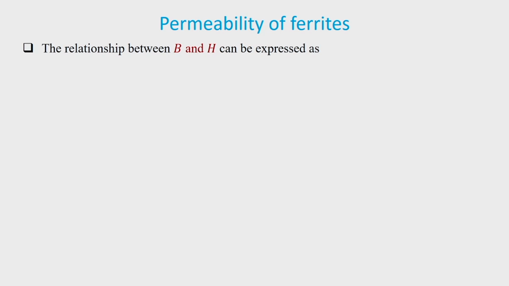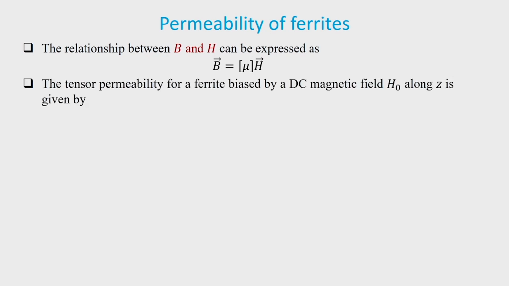The relationship between B and H for a ferrite material can be expressed as B equals mu H, where mu is a tensor permeability, as we will see, and the tensor permeability for a ferrite biased by a DC magnetic field H naught along Z naught is given by this matrix: mu, j kappa, 0; minus j kappa, mu, 0; 0, 0, mu naught.